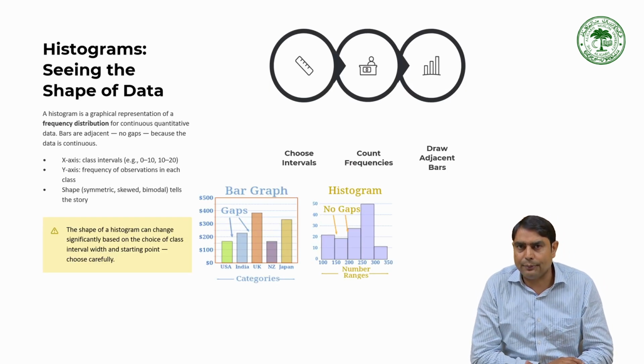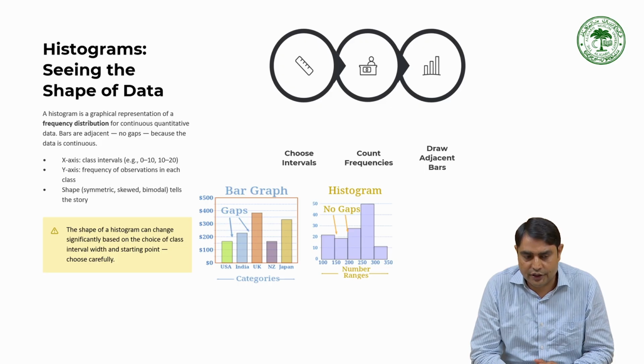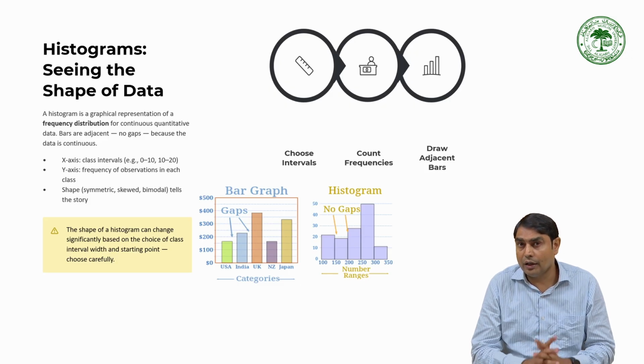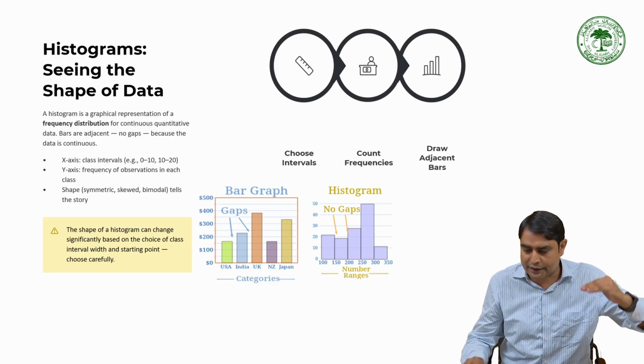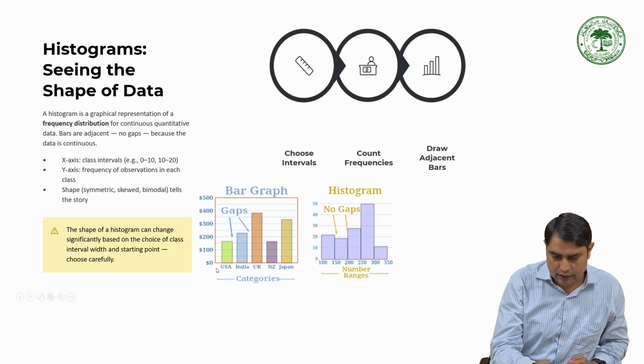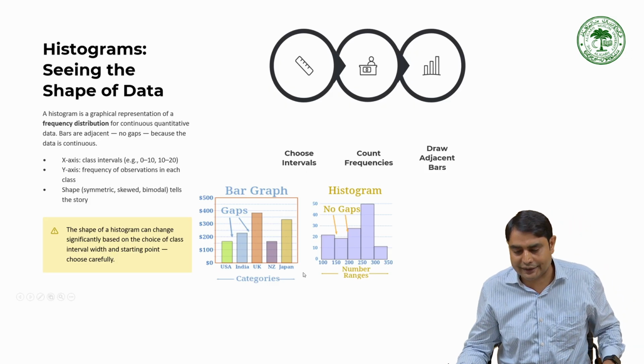Coming to the first type of presentation, which is the histogram. A histogram looks at the shape of the data, where we create a graph putting the frequencies on the y-axis and the categories on the x-axis.